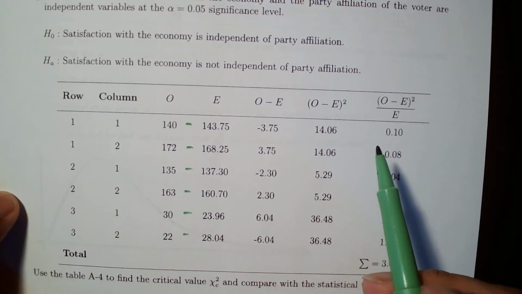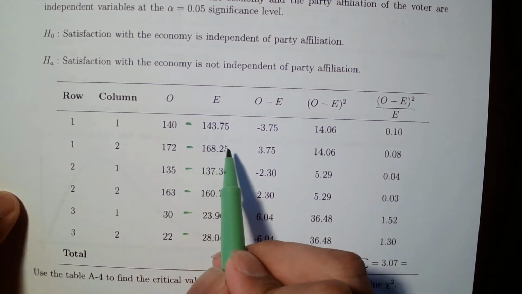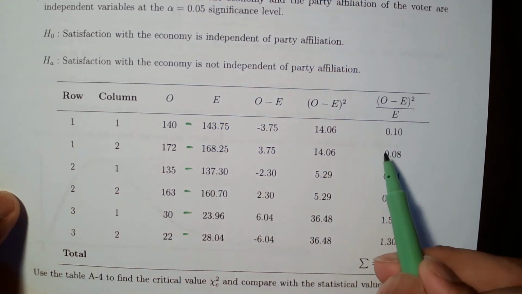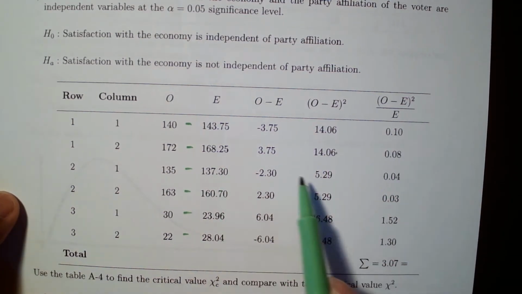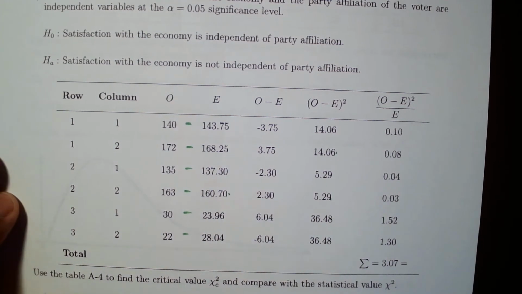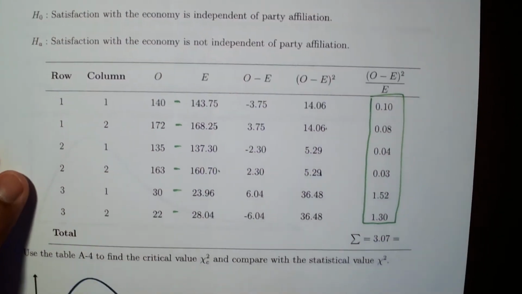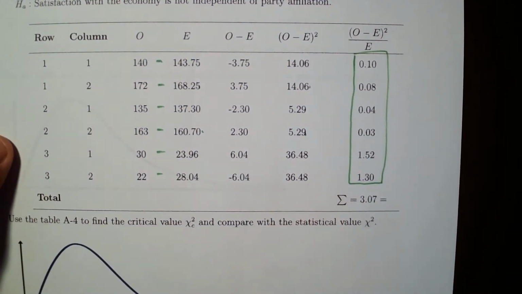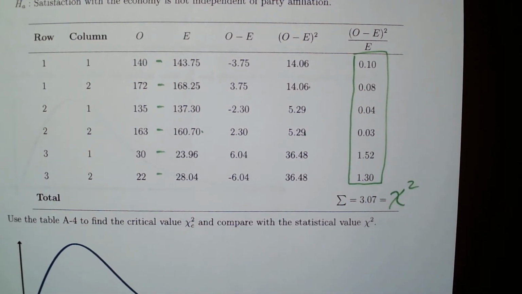Same here, 14.06 divided by 168.25, that's 0.08, and so on and so forth. Divide this guy by that guy, and so on and so forth. At the end, we are going to obtain all these values, and if we sum them, that's 3.07, which in this case is our statistic value.